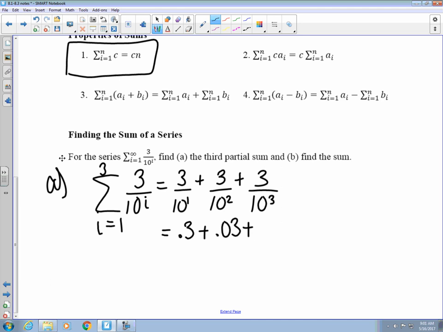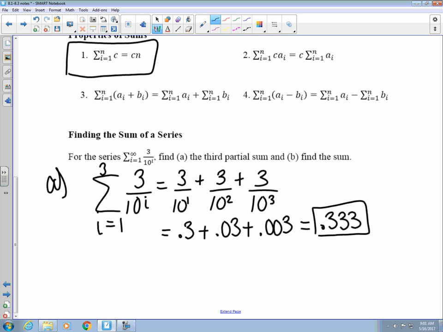And 3 over 10 to the third is 3/1000, which is 0.003. So we see that there's an extra factor of 10 added into the decimal place every time. So this is 0.333 for our third partial sum.